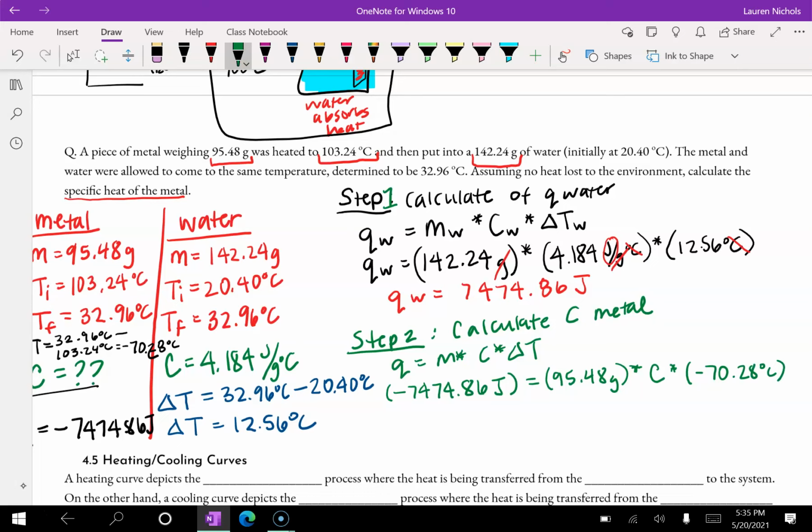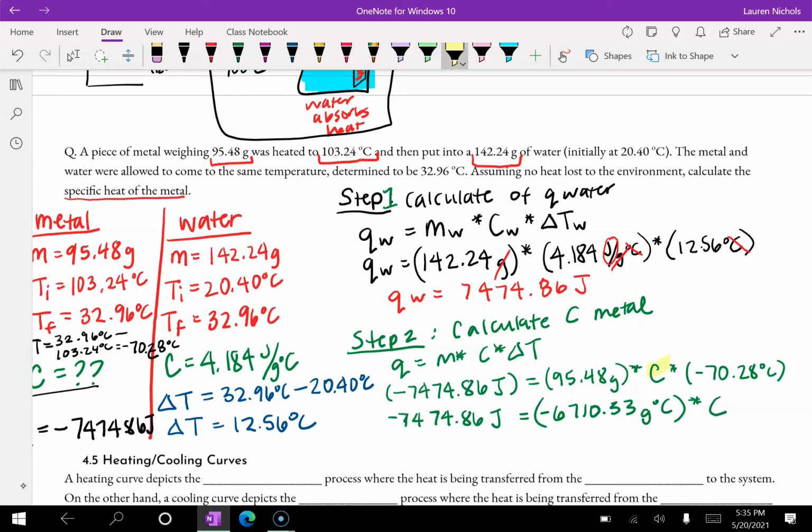And you can simplify the right side by multiplying 95.48 times a negative 70.28, and that gives us negative 6,710.33 grams degrees Celsius, because we keep those units, times C.